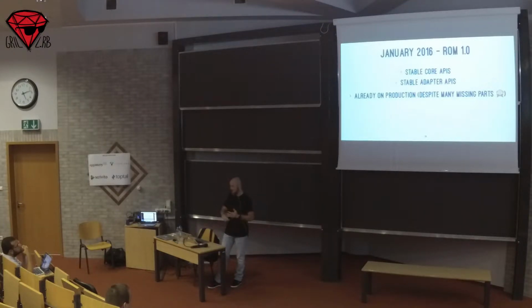With 1.0, we released stable core API, stable adapter API, which allowed people to build adapters, to extend existing adapters and build new adapters based on stable APIs. That was huge because getting adapter API right was really difficult. In data mapper, we had adapter API, but it was not so great because it didn't allow you to implement adapters for various databases because there was something specific to SQL, and that was just confusing.